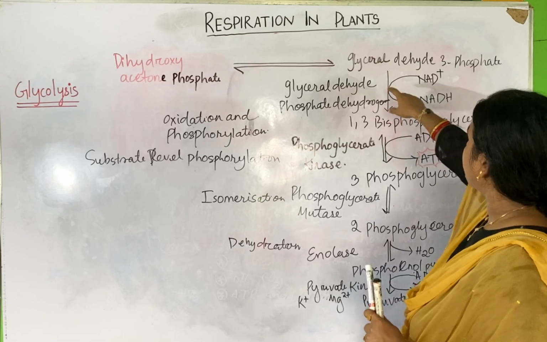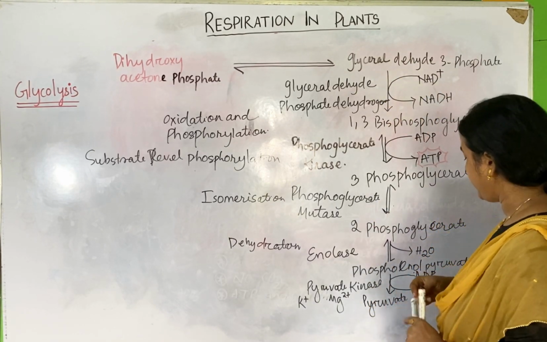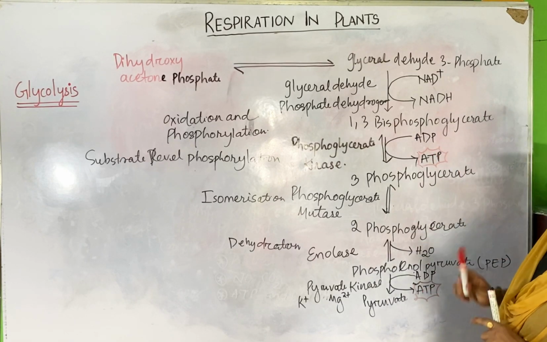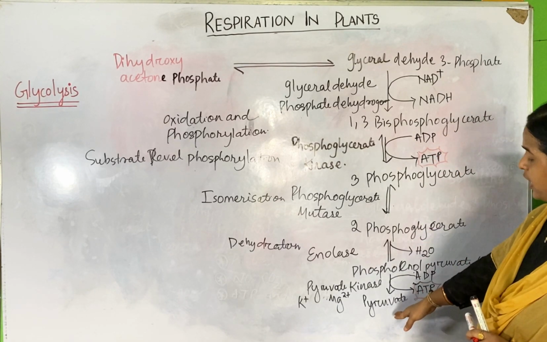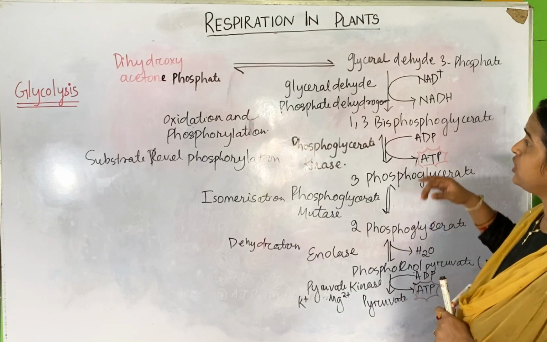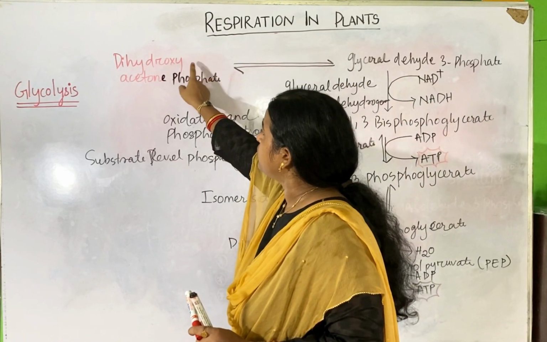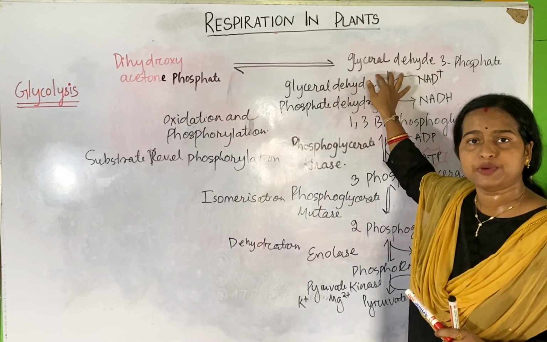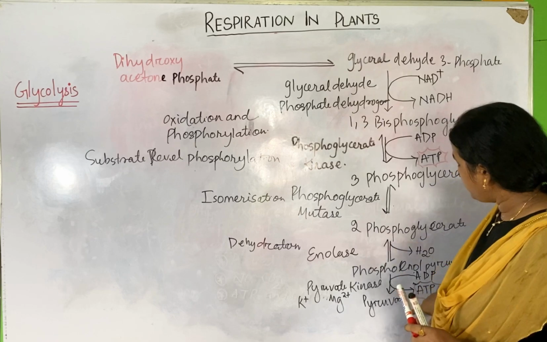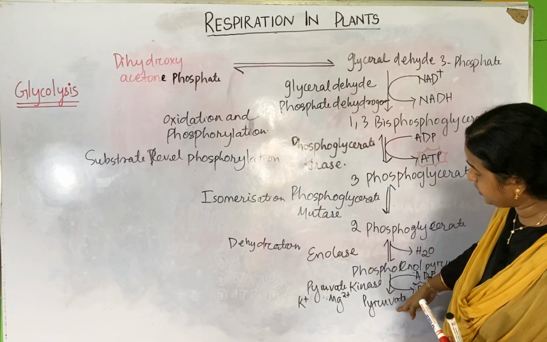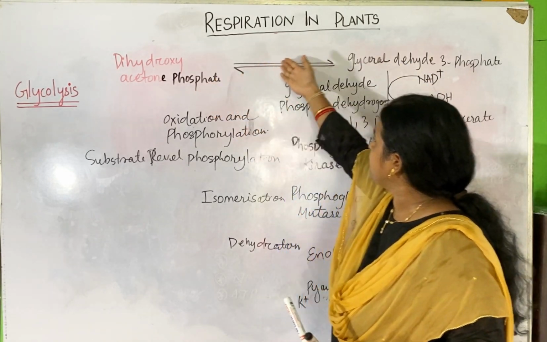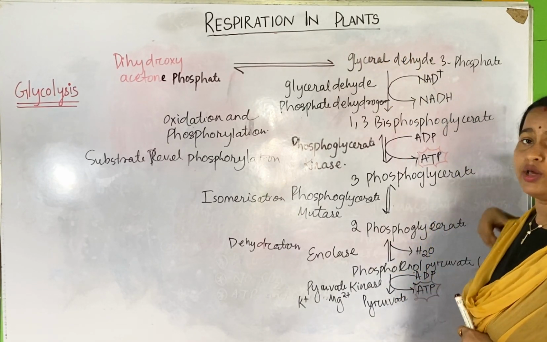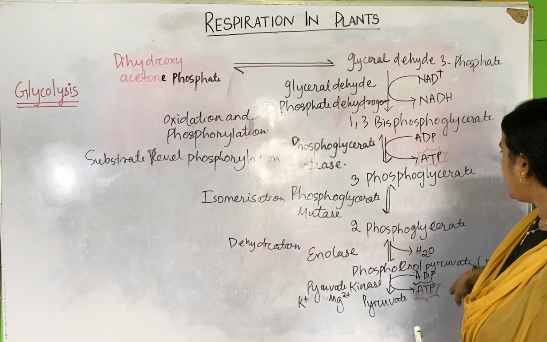Now you can see from the glyceraldehyde 3-phosphate, one pyruvate molecule will be released along with one ATP and the second ATP. 2 molecules of ATP and 1 molecule of pyruvate are released. But here the dihydroxyacetone phosphate will be converted into glyceraldehyde 3-phosphate, and again it will form 1 pyruvate and 2 ATP.